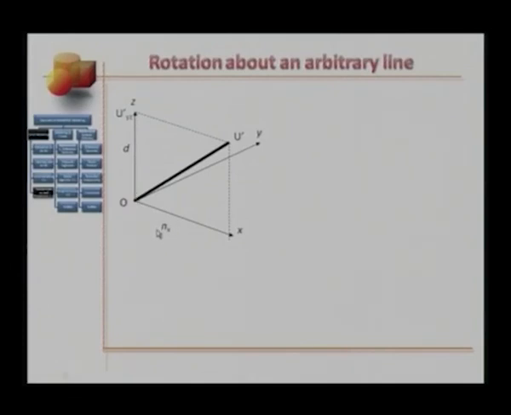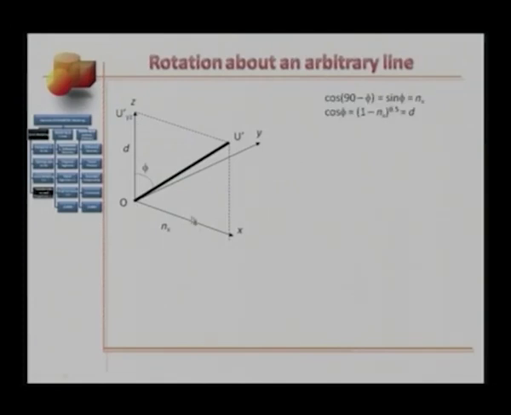The direction cosine Nx will not change because the previous step was rotation about the x-axis. All we need now is to rotate OU prime by an angle phi about the y-axis so that the line coincides with the z-axis. What is phi?